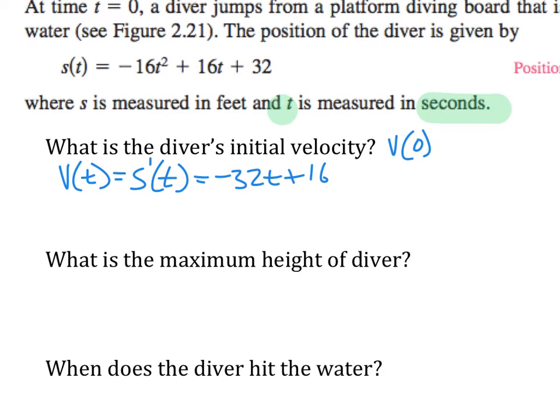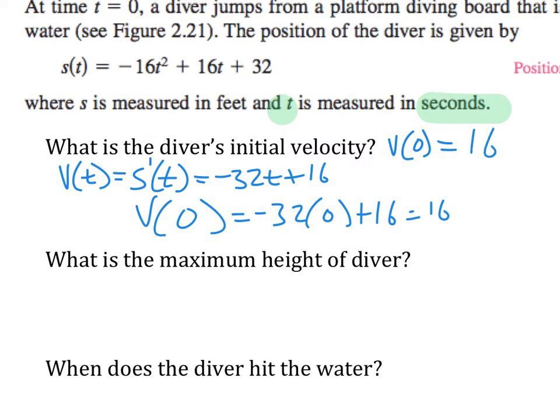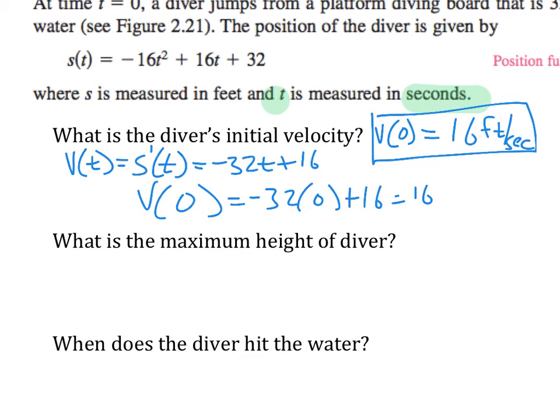And so the velocity at time 0 is negative 32 times 0 plus 16, which is 16. In this case, we're going up, so that's 16 feet per second. So that would be how quickly that diver pushed off the diving platform.